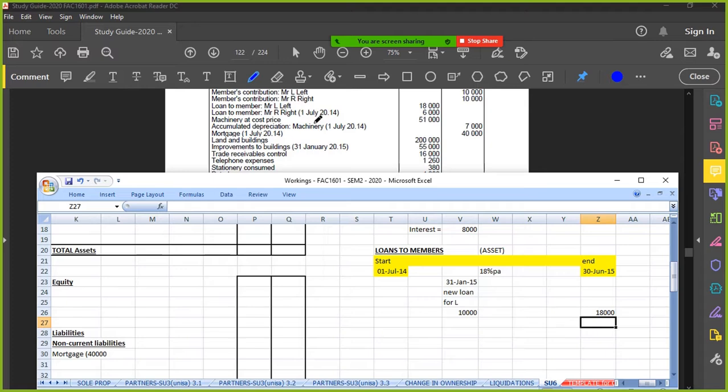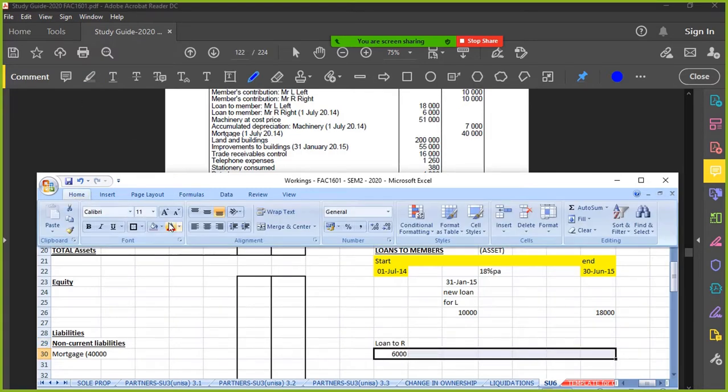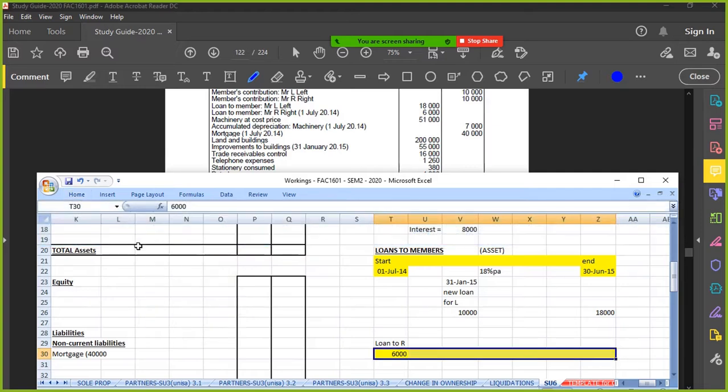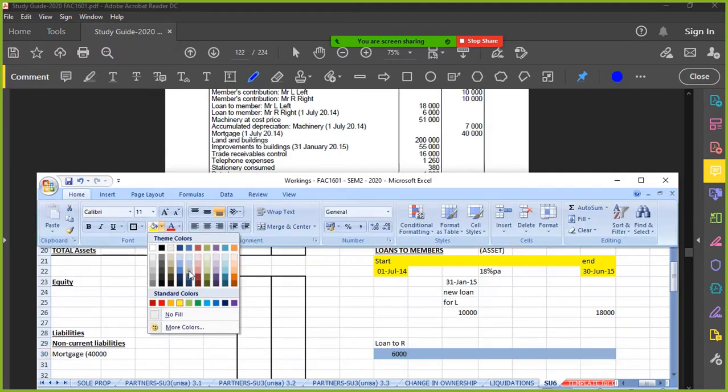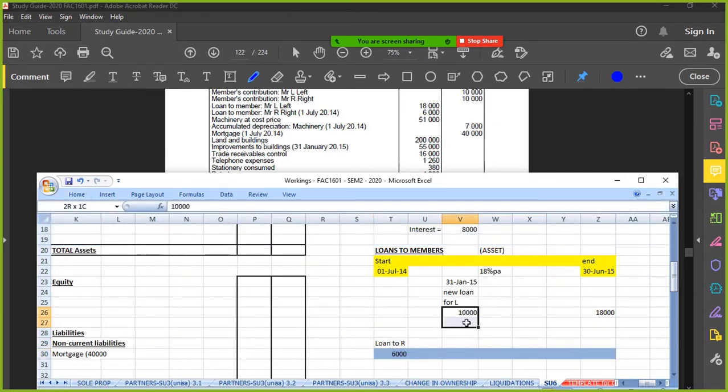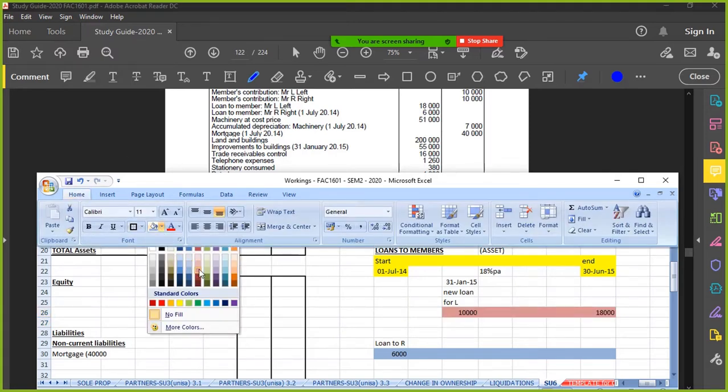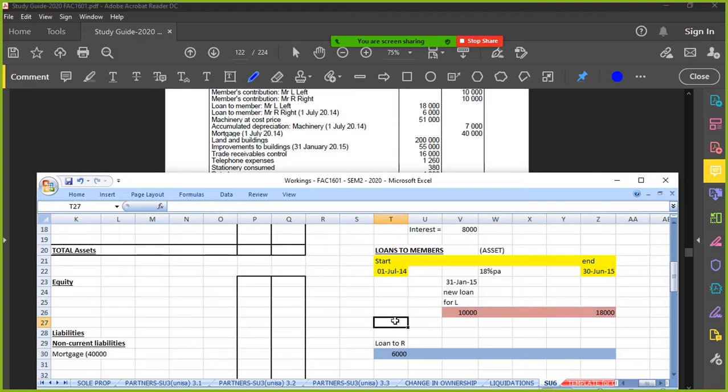Loans to member right was at the beginning, 6. Okay, so did I have this loan for the full period? Yes. Did I have this loan for the full period? No. Did I have the 8,000 Rand loan?